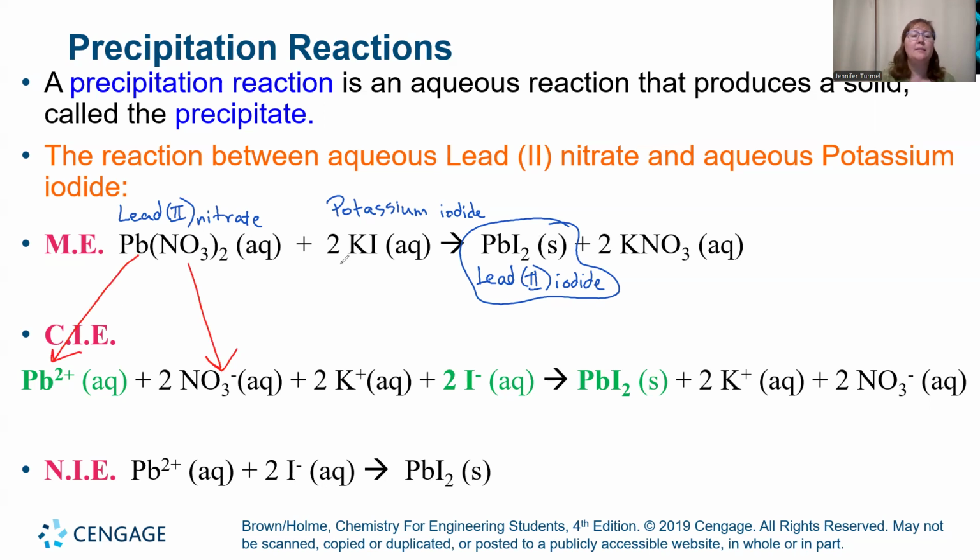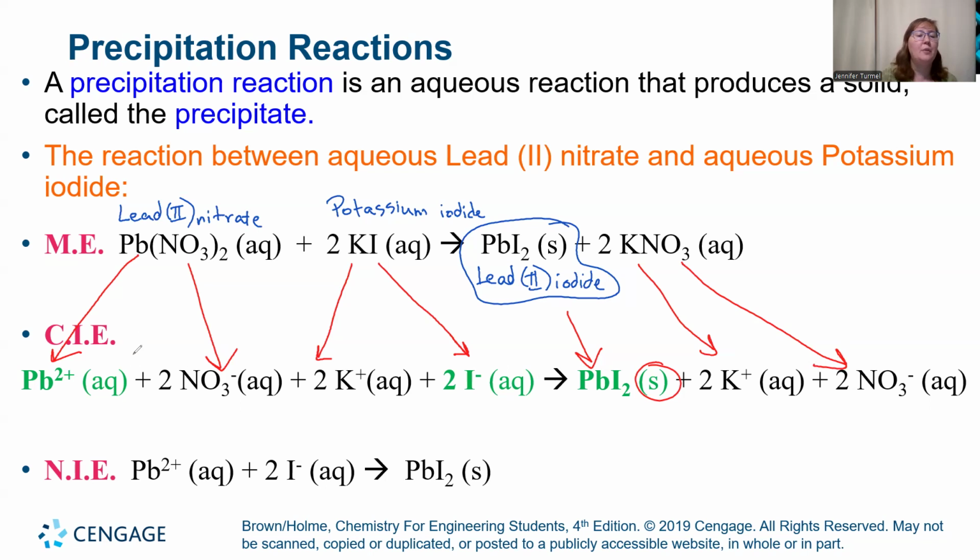And this is already balanced. Our potassium is here and our iodide is here. Our lead iodide stays solid because it doesn't change. The potassium is here and the nitrate is here.